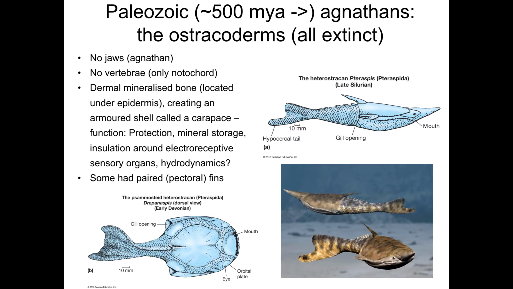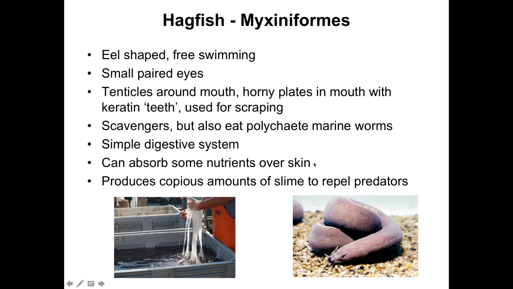So like I said, ostracoderms are actually more closely related to the gnathostomes, the jawed vertebrates, than they are to the living agnathans, the hagfish and lampreys. Getting onto those living jawless vertebrates, the hagfish, the myxinoforms, they're basically eel-shaped animals, free-swimming.